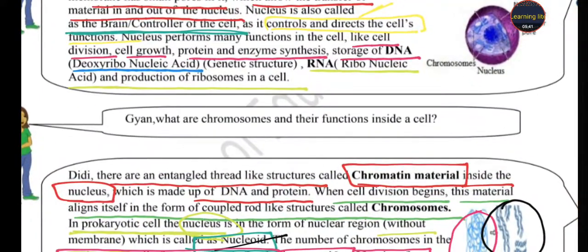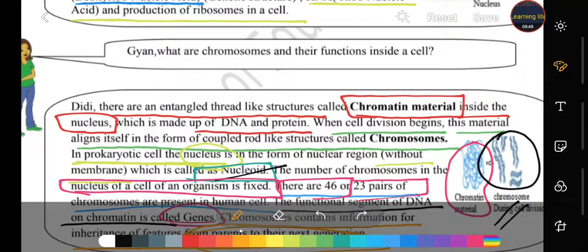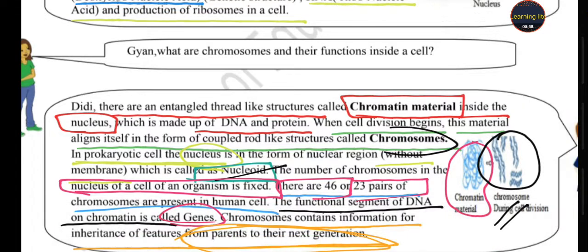And what are chromosomes, students? The thread-like structures present in the nucleus are called chromatin, and when this chromatin converts itself into rod-like structures during cell division, these are called chromosomes. Okay.